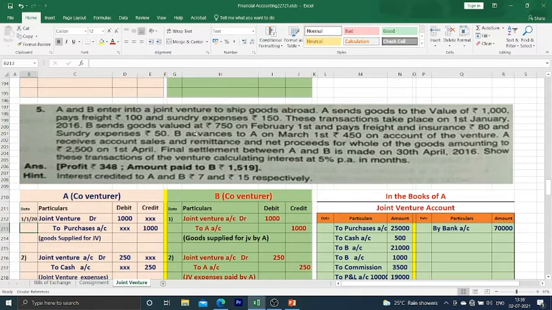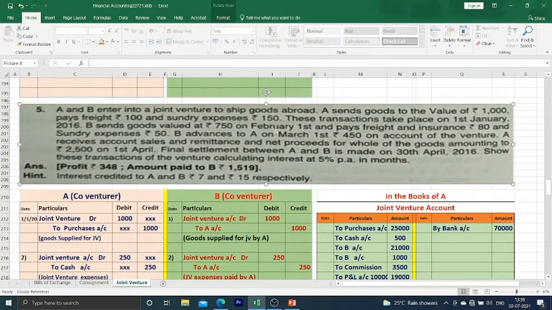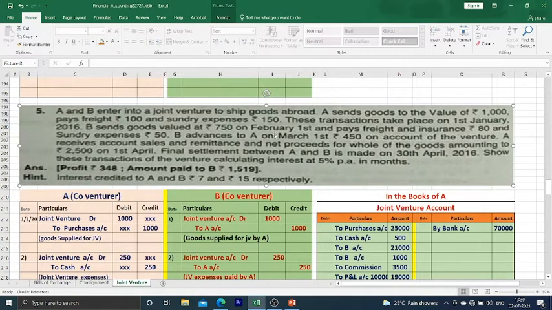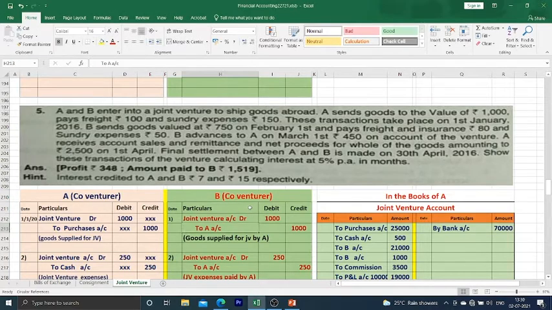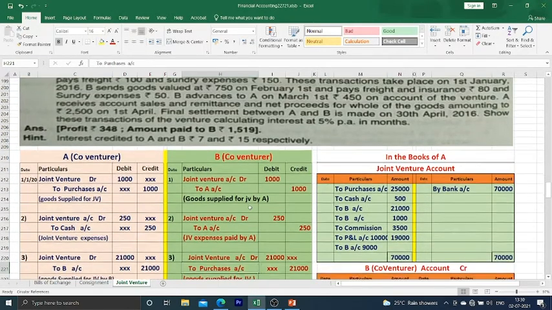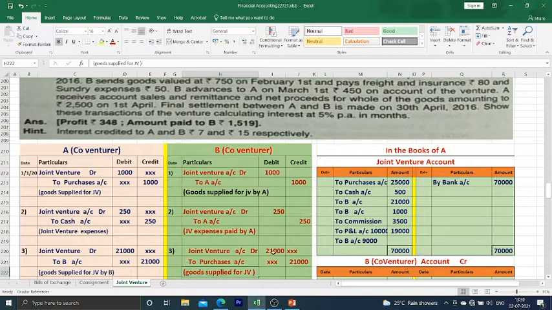B sends goods to the value of 750 on February 1st and pays freight and insurance 80. In the books of B, joint venture to purchases 750.